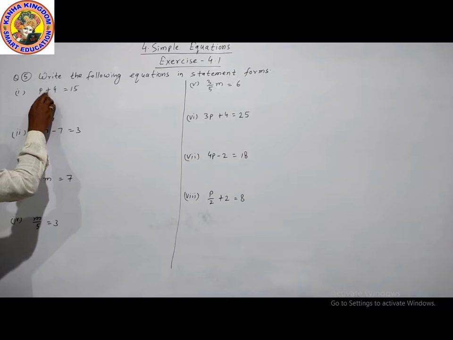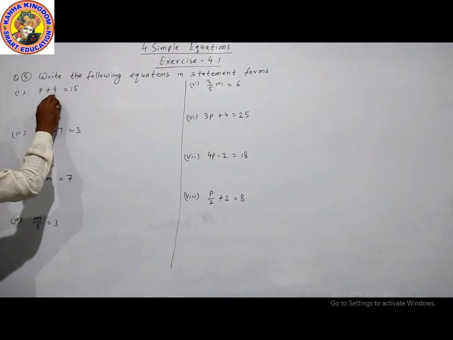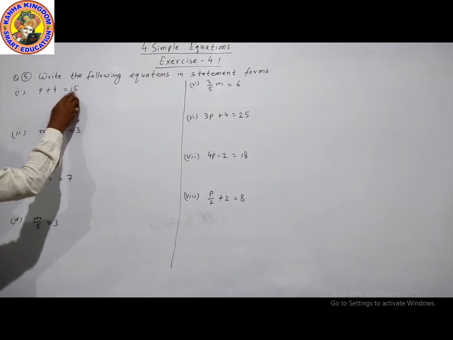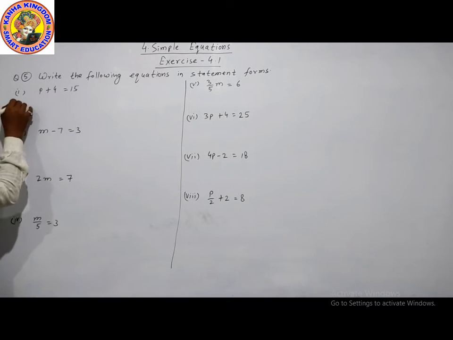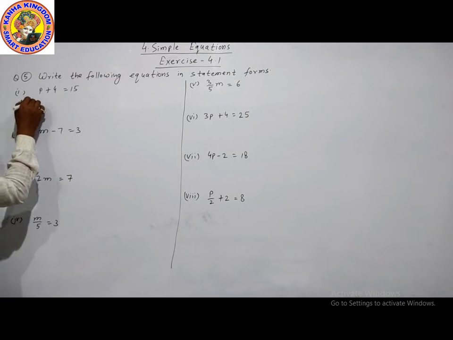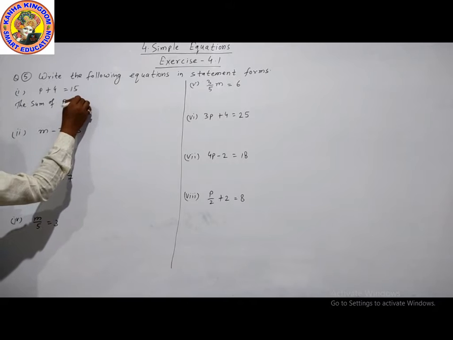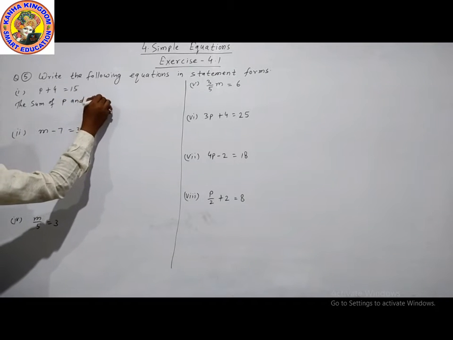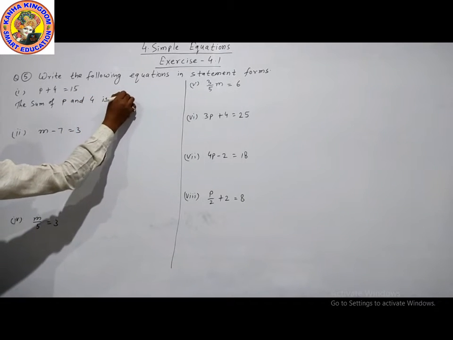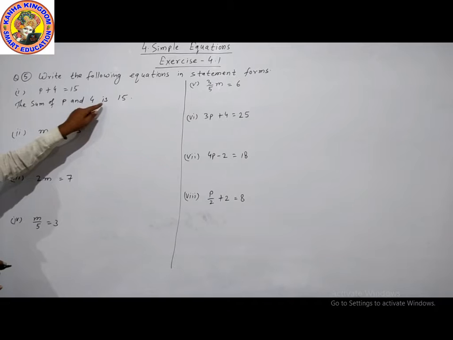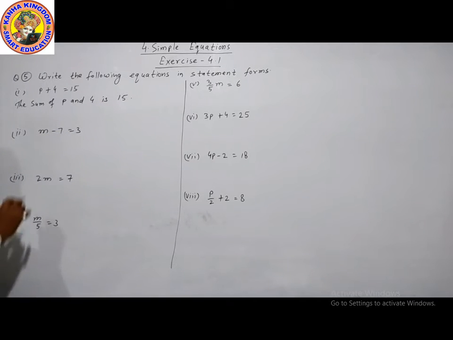Plus means sum, the sum of p and 4 gets 15. The sum of p and 4 is equal to 15. Equal is not denoted here, so: the sum of p and 4 is 15.